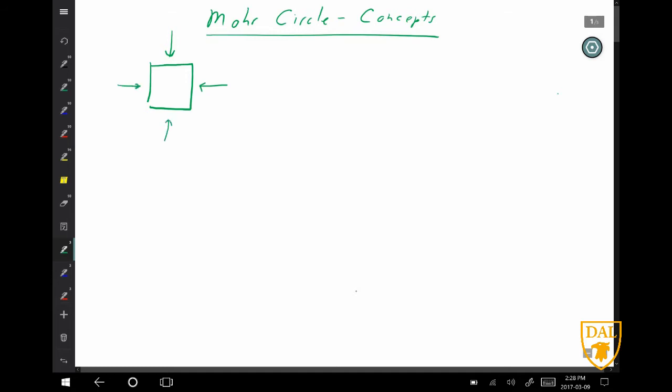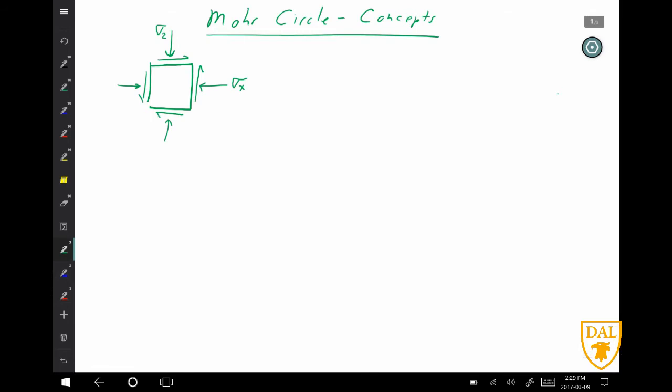Compressive stresses are positive in geomechanics, and we're going to use an XZ coordinate system. And so the shear stresses, they have a name convention.